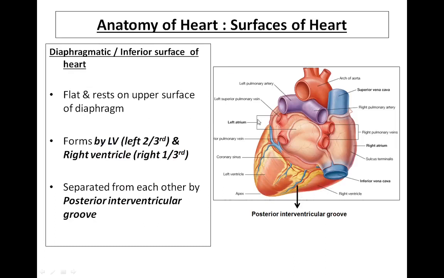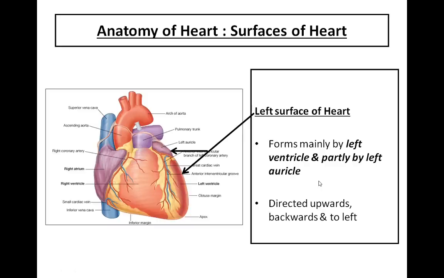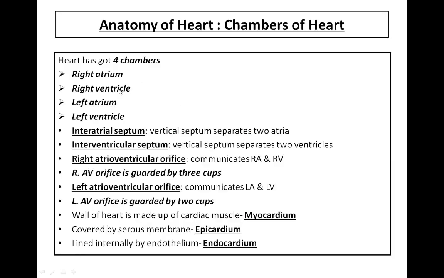Anteriorly we have the sternocostal surface, and beyond this inferior border we have the inferior or diaphragmatic surface of the heart. So the inferior border separates the sternocostal surface from the diaphragmatic surface. Now the chambers you already know: right atrium, right ventricle, left atrium, left ventricle.